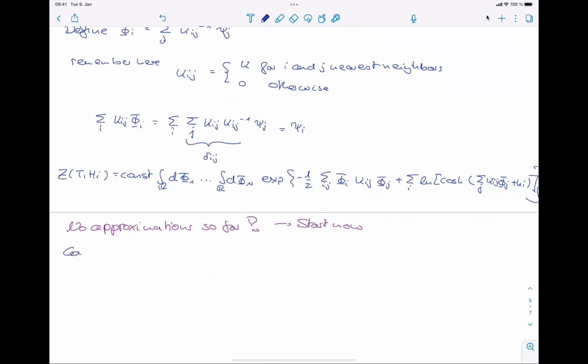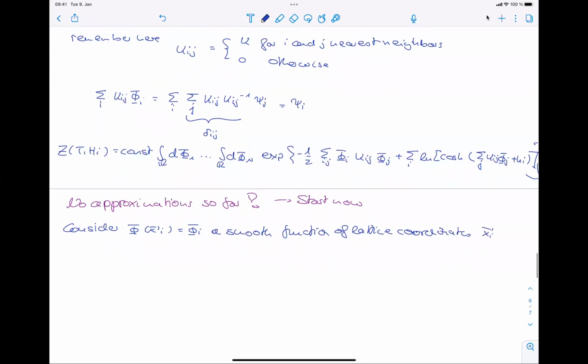So first of all, we consider our magnetization field phi of x_i a smooth function of the lattice coordinates x_i. And we're interested in the long wavelength form.